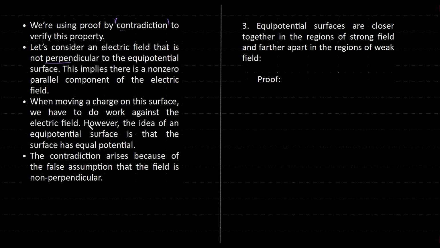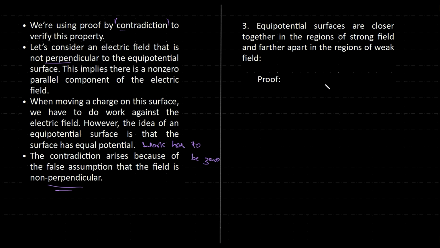However, the idea of equipotential surface is that the surface has to be at equal potential. So the work has to be equal to 0. This contradiction arises because of the false assumption that the field is non-perpendicular. So that's how you can write it up. Does it make sense? Quite simple. We have used this in quite a few places.